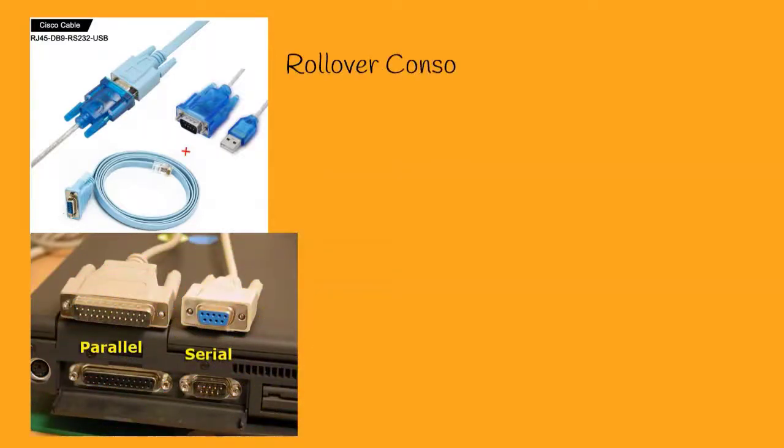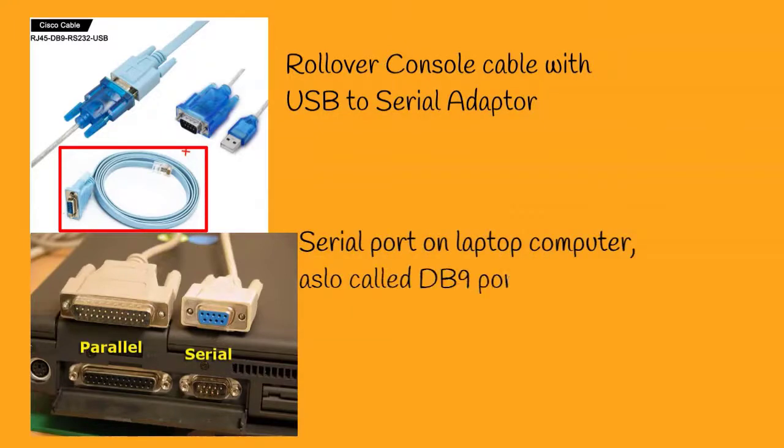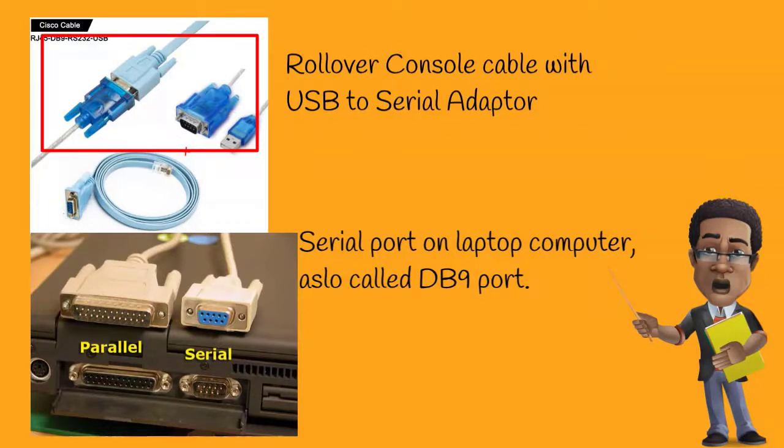You would need the correct cable types to connect to the console port on your piece of network equipment. As shown here on the screen, we have a rollover console cable with a USB to serial adapter that is used to connect to your computer or your laptop.